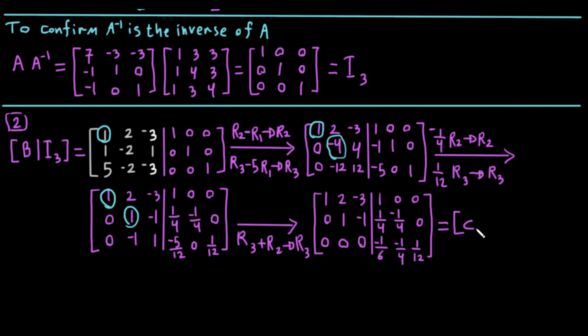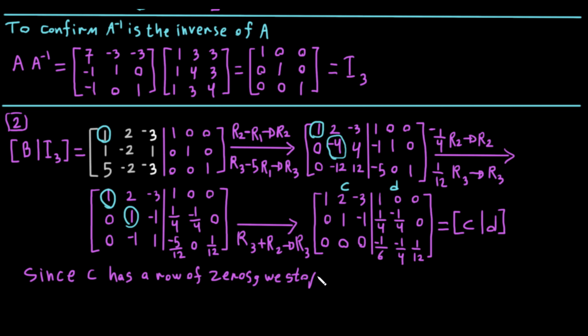So I will call this one C, and I will call this one D. So this matrix is equal to C, and this matrix equal to D. So I will write here: since C, which is this part, has a row of zeros, we stop and conclude that B inverse does not exist.